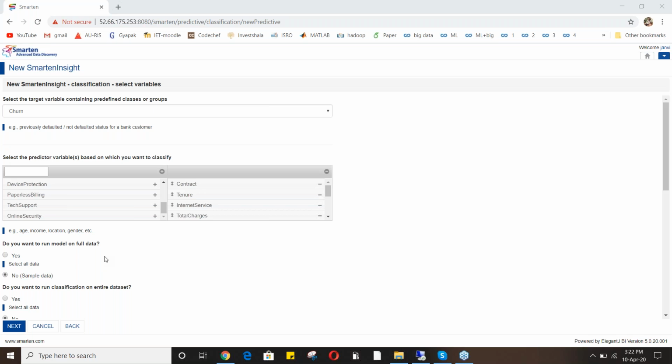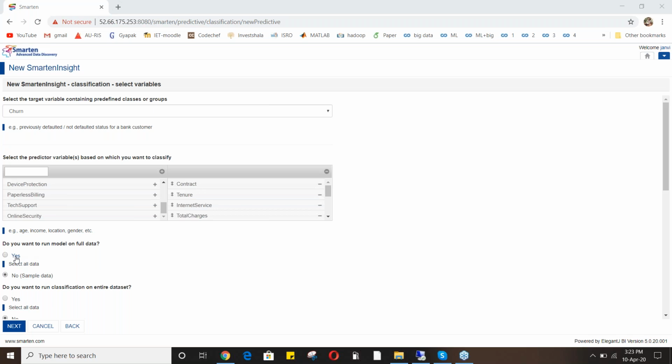Yeah, Janvi, continue. So I have selected some predictors on my own. And the next question is, do you want to run the model on full data? So here what we do is, suppose we have a huge amount of data, then we sample the data. But for this case, we have 6,000 records.